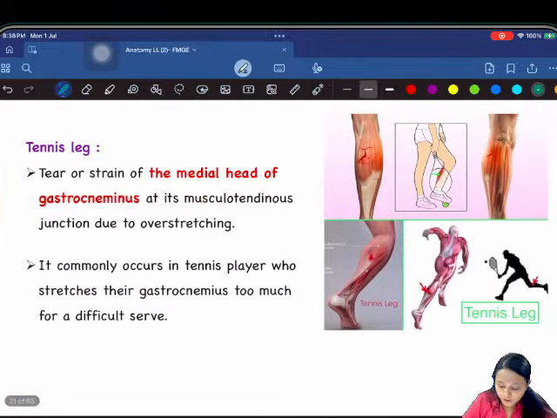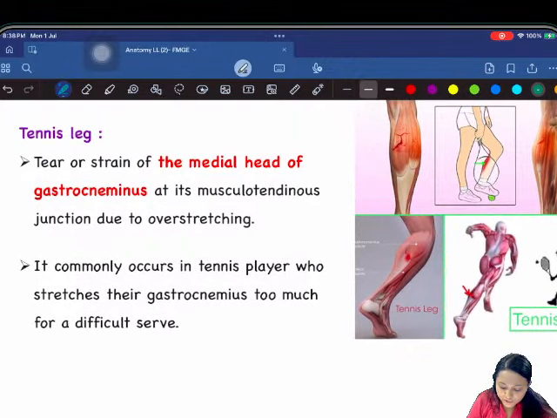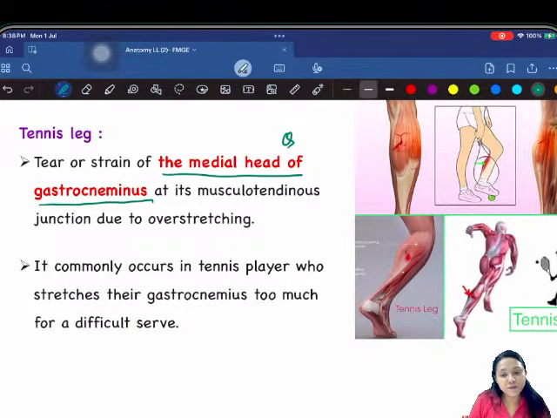Okay. Now, what is tennis leg? There are different types of legs, knees and elbows. You have heard about tennis elbow and golfer's elbow. There is no golfer's leg, but you have a tennis leg. Now, what is tennis leg? It is a strain or tear in the medial head of the gastrocnemius. So another question which might come on the medial head, one is the Brodie's bursa, another is the tennis leg.